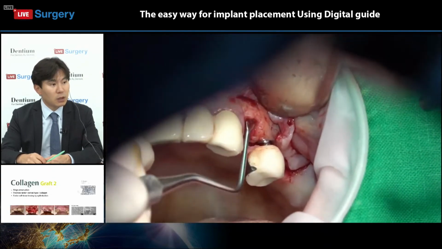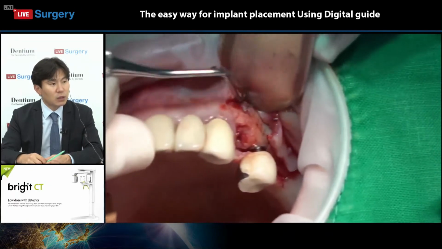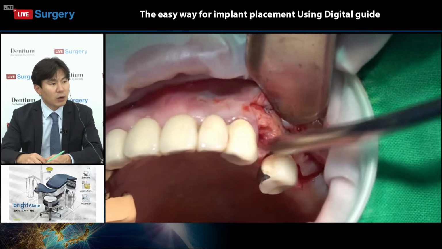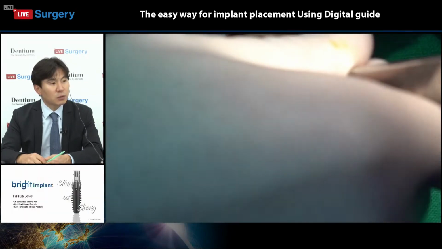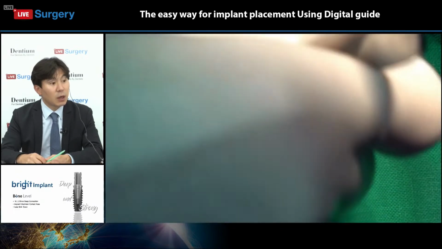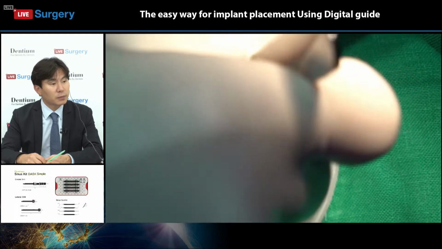And he is removing granular tissue in the socket area. We can see penetration on the apical part of the 24 area.